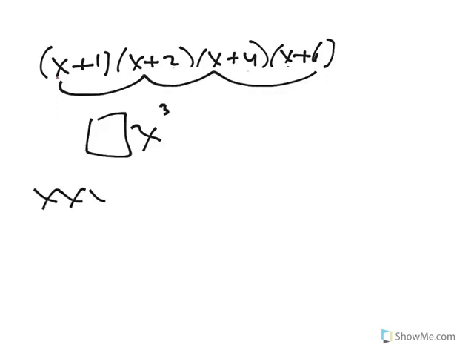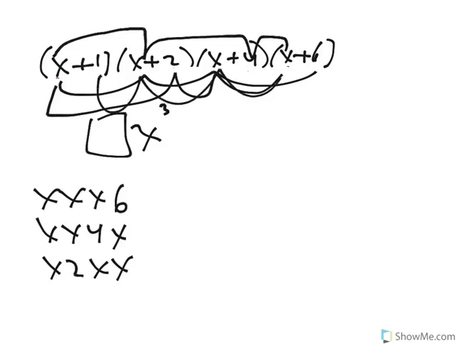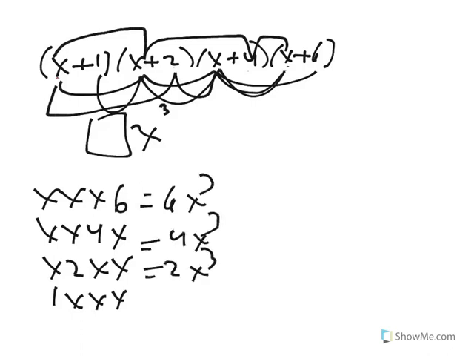Or I can do x, x, 4, x. Or I can do x, 2, x, x. Or I could do 1, x, x, x. This is 6x cubed, this is 4x cubed, this is 2x cubed, this is x cubed, and altogether it becomes 13x cubed. So I can get individual terms using that sort of method.